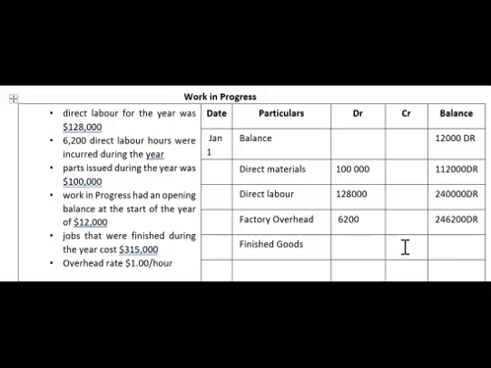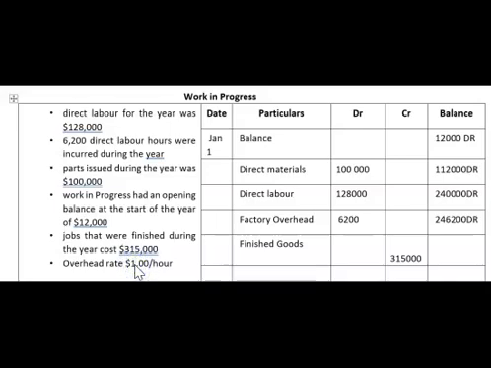It's now complete, so put the amount in a credit column so we can minus it out. So finished goods was 315,000, but in this question I have to change this rate because otherwise my answer will go incorrect at the end.